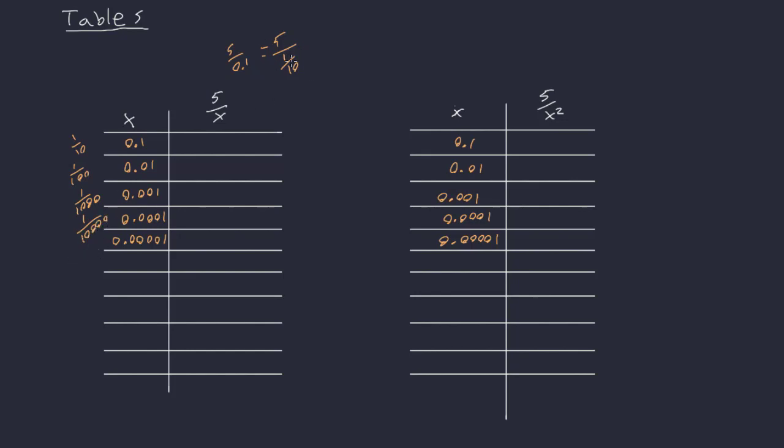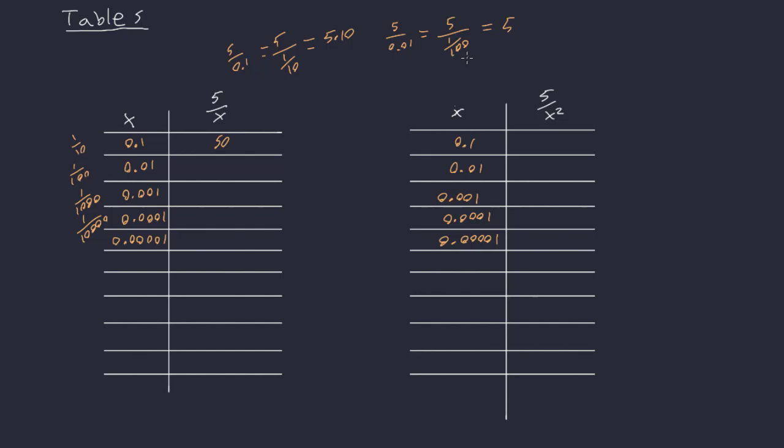Okay, so when we do this, what happens is we're dividing by fractions with larger and larger denominators. So this will be 5 times 10, right? So that's going to give me 50. Whereas here, for the 1 over 100, the 5 over 0.01, that's 5 over 1 over 100.